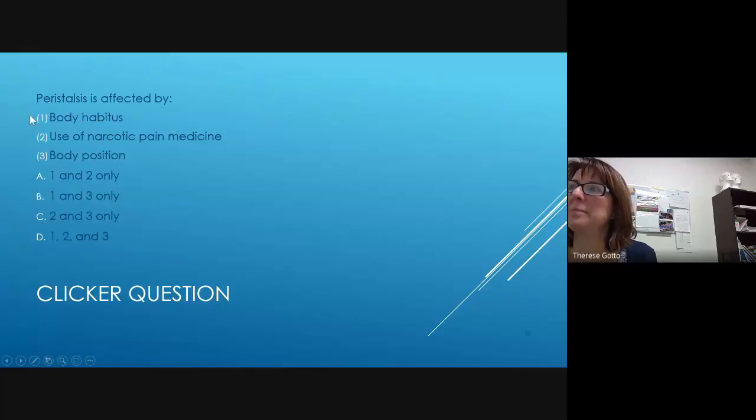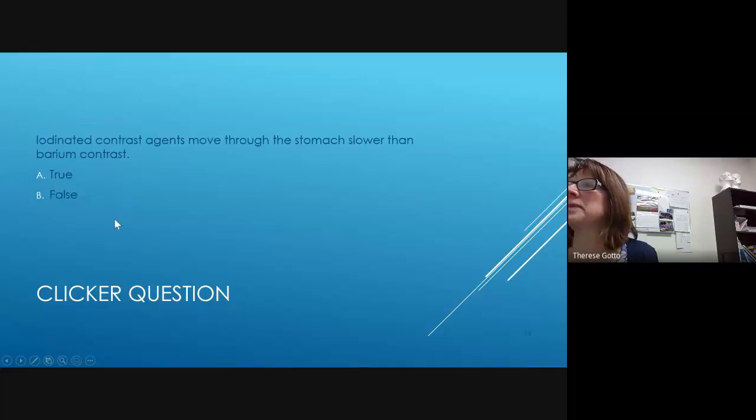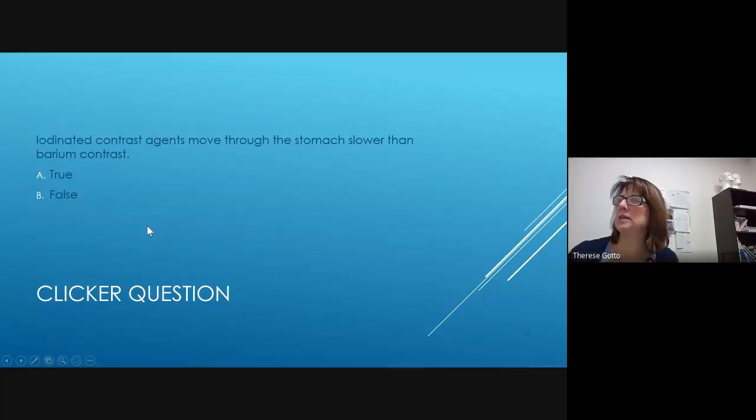Your use of narcotic pain meds just stops peristalsis. That's why a lot of people get constipated when they're on narcotic pain meds. Your body position, upright versus recumbent, matters too. Iodinated contrast agents move through the stomach slower. That is false.